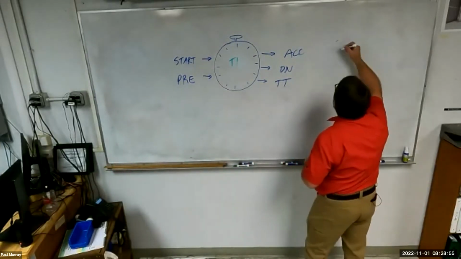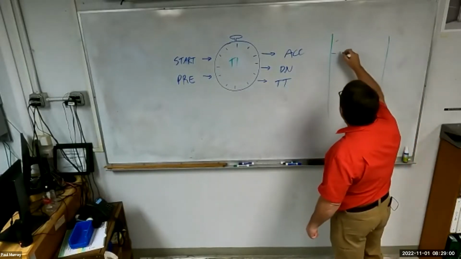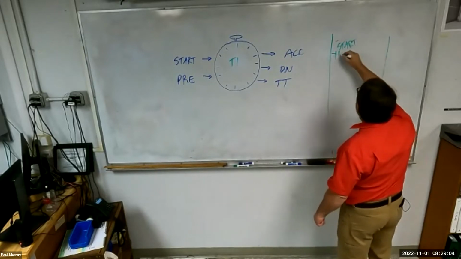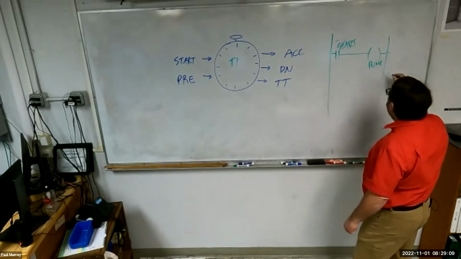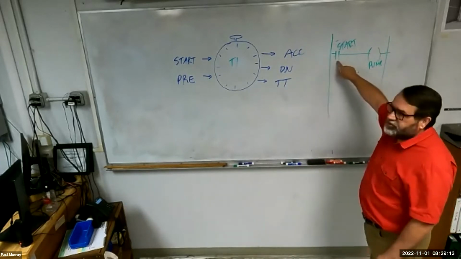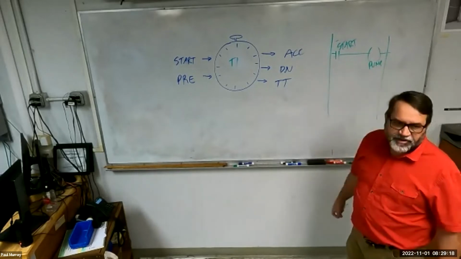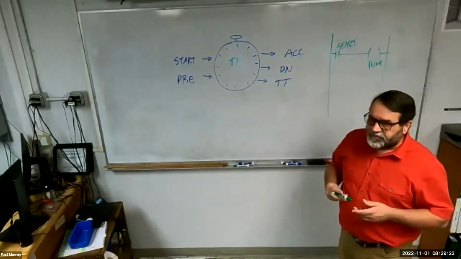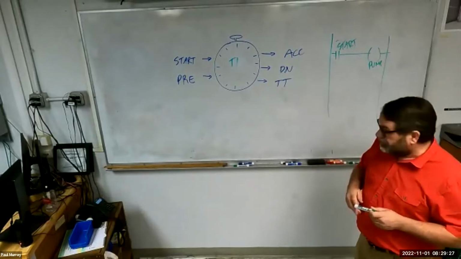So here's my ladder. Here's my start button, and here's my pump. And I found out with this old pump that you got to hold your finger on that start button for 2 seconds to get the pump to run, or it just won't start. And because you can't rely on the operators, I want to build something in that makes sure I don't have to rely on them.